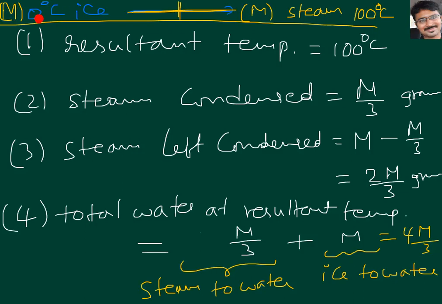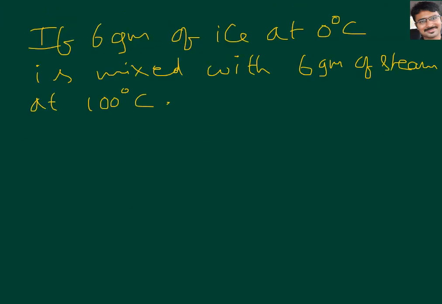This is applicable only when the ice is at 0 and has mass m, and the steam also has mass m and is at 100 degrees. Ice mass and steam mass the same, ice at 0, steam at 100. Then only we have to use these results and conclusions. So now, 6 grams of ice at 0 degrees is mixed with 6 grams of steam at 100 degrees centigrade. This question was given in an exam.